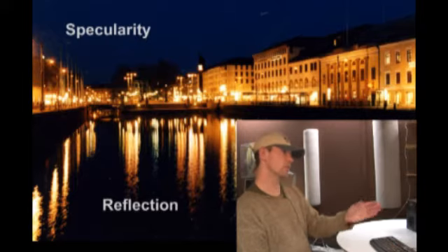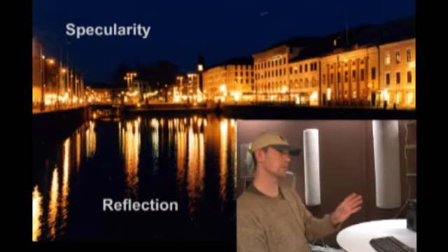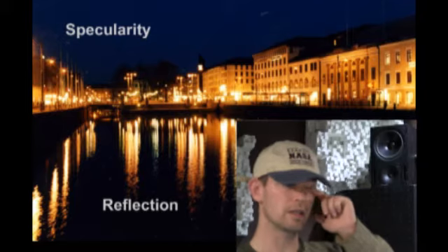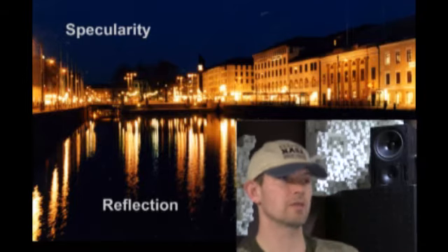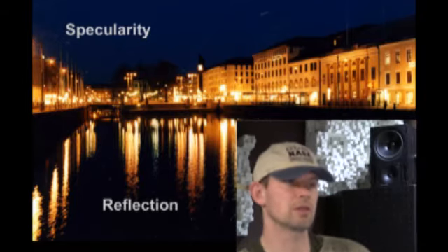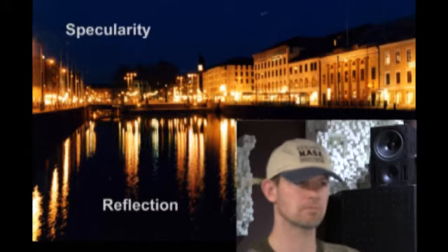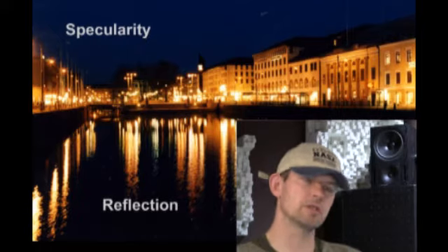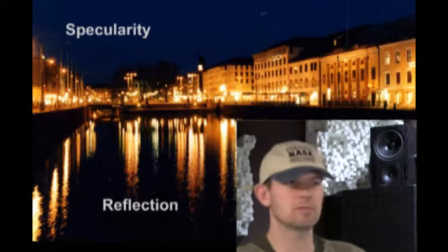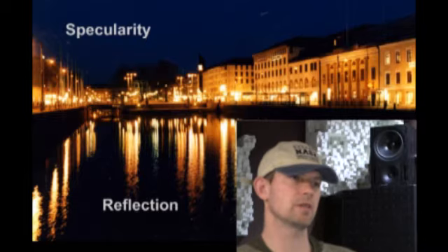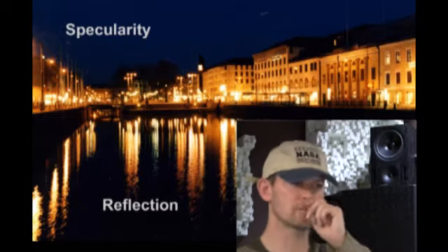Finally, I will go through some aspects of an image that are important in order to make the image look realistic. This photograph shows different examples of specularity and reflection. Reflection is what happens in a mirror, and as you see in the photograph, the city lights are reflected in the water.